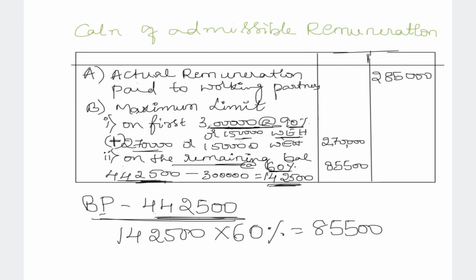The remaining balance is 1,42,500. On this you will calculate at the rate 60%, so the value which we get is 85,500. Summing up these two values, we will get 3,55,500 as maximum limit.